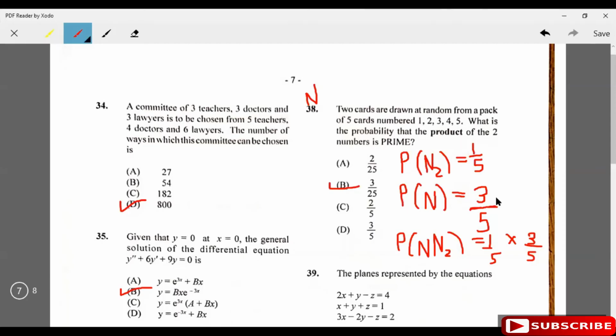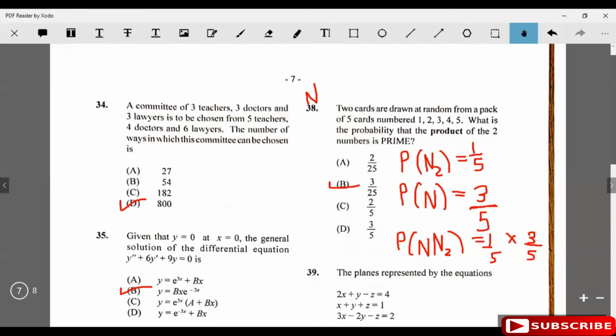In order for the product to be prime, we need to draw a prime number, and the other number should be 1, because 1 times a prime number gives you back the prime number. The probability of getting 1 is 1 out of 5. So 1 over 5 times 3 over 5 is 3 over 25. That's a better method to do it.